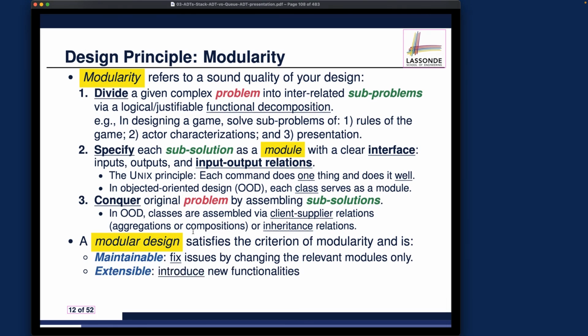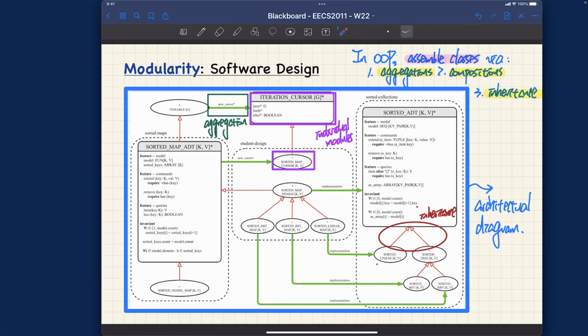And what about extensible? It's kind of similar. Let's say if I want to introduce some new functionality, I shouldn't really need to put that functionality in here, in here, in here, and here. I don't really have to. What I can do is I can simply create another module over here. Right, let me just write it down. It could be just a new module over here.